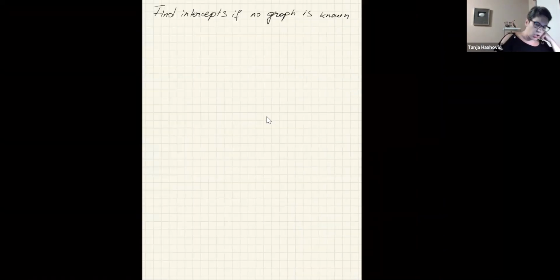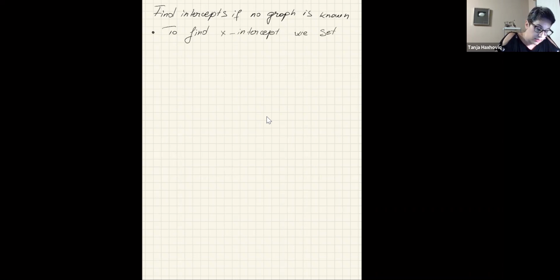So to find the x-intercept, we set y to 0 because I know the y-coordinate is always 0. We set y to 0 and solve for x.